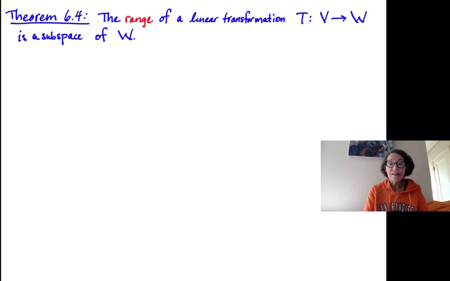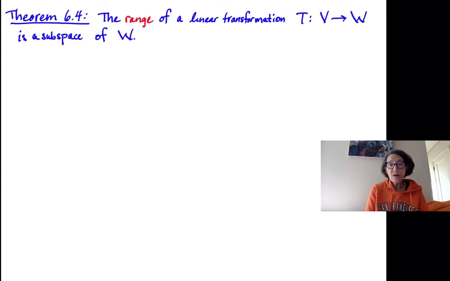That means that it's non-empty. So remember, W is a vector space, so it contains an additive identity, or a zero vector. And we also know that T of the additive identity in V has to be equal to the additive identity in W. So the zero vector in W is in the range of the linear transformation because it's the image of the zero vector in V. So it's non-empty.